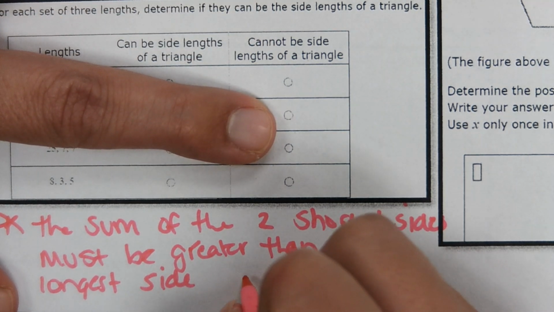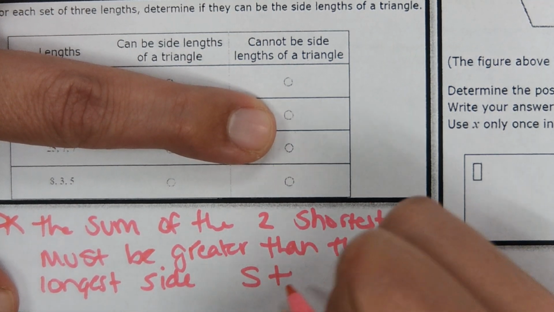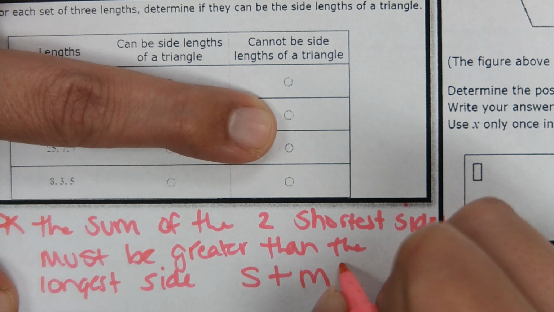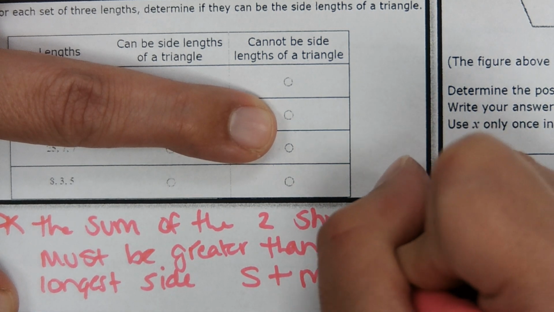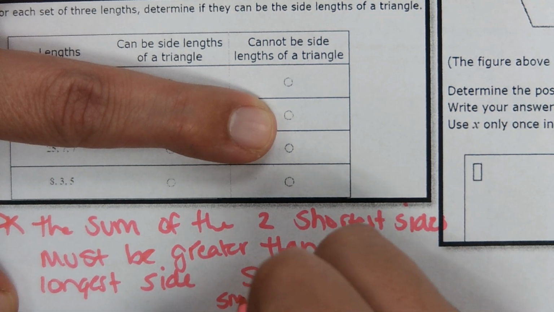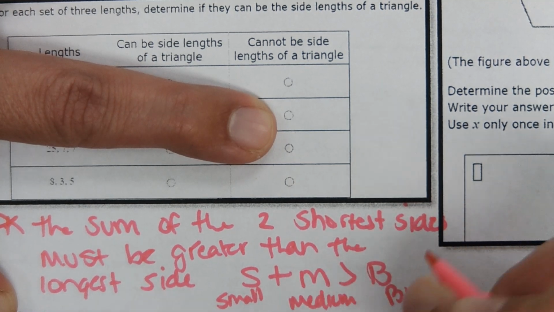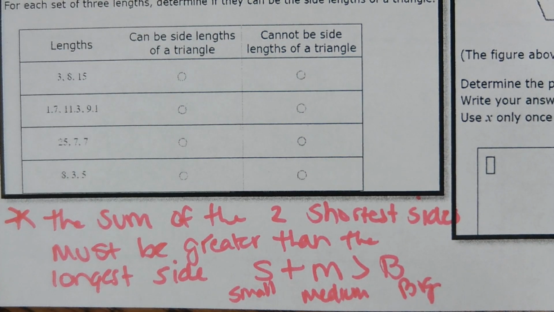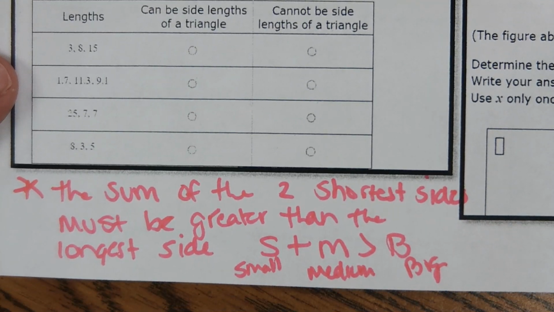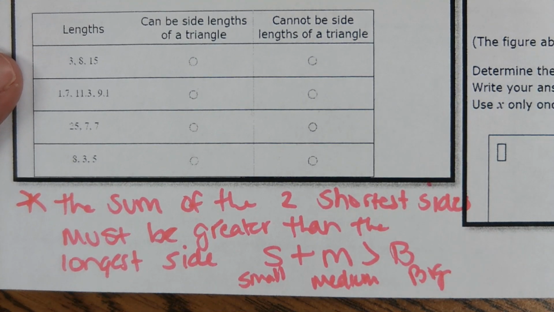So S plus the medium length side added together has to be bigger than the biggest side. So this would be small, medium, big. So the small plus the medium side has to be greater added up than the biggest side, because otherwise the sides won't reach.